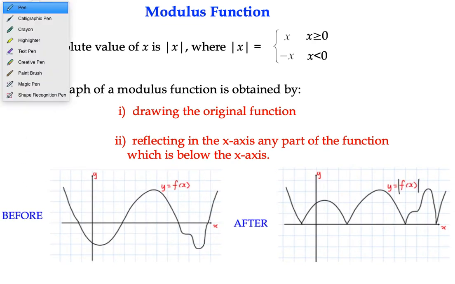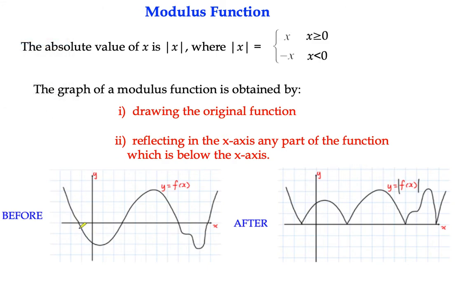We can see that this section here obviously is below the x-axis, and if we were to take the modulus of all those values, you notice that they have to be the same distance away from the x-axis but above. In other words, we're reflecting it in the x-axis.